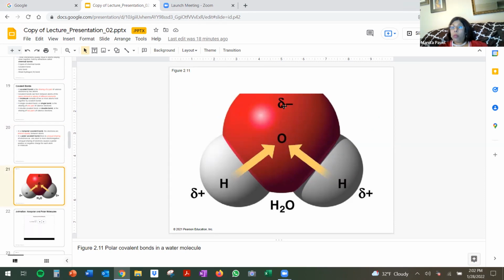And we're going to see why oxygens are electronegative. Now we studied earlier that electrons are negatively charged subatomic particles.